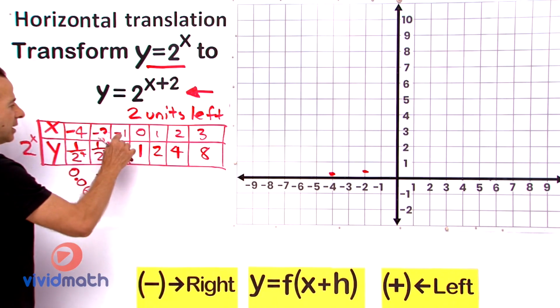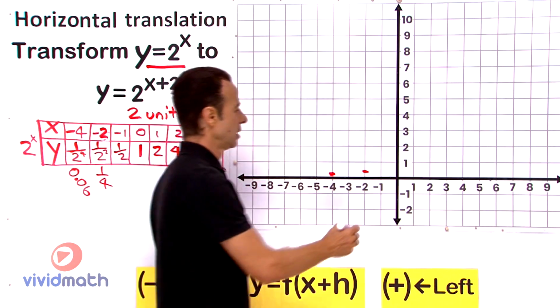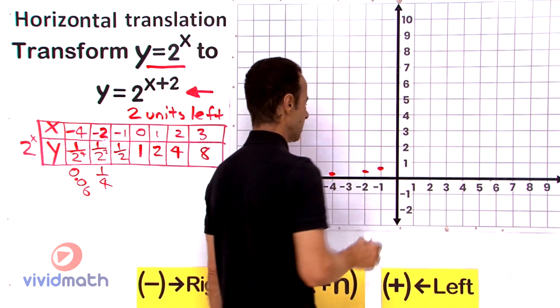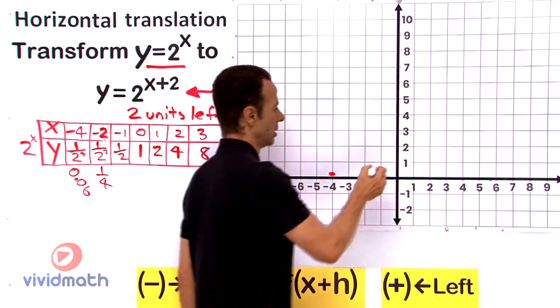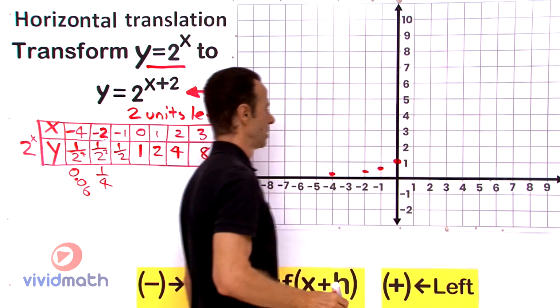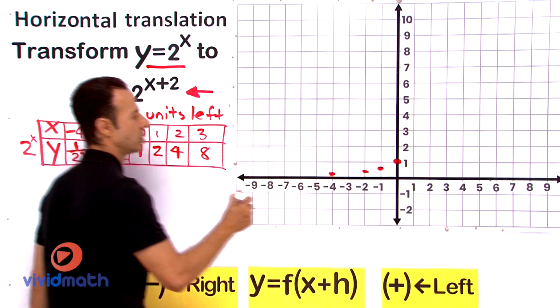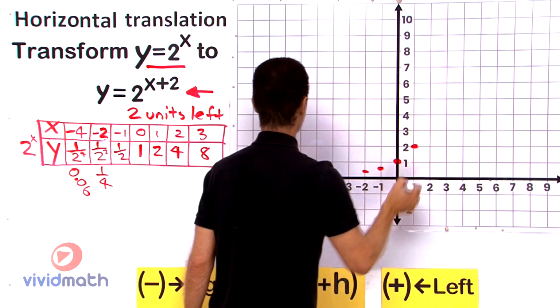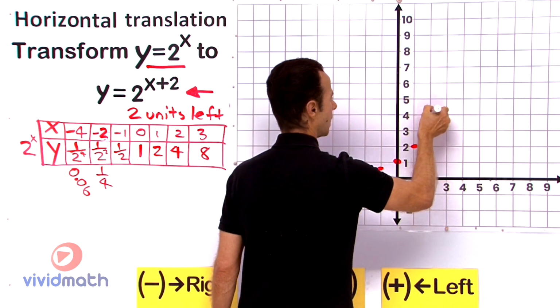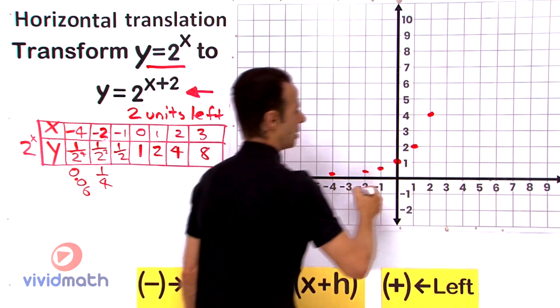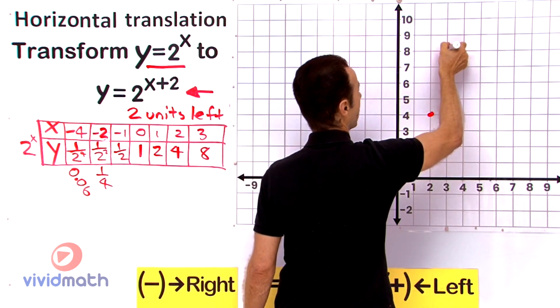Then we have -1, a half, right there. We have 0, 1 right there. We have 1, 2. We have 2, 4, and we have 3, 8, we can go to 8 right over there.